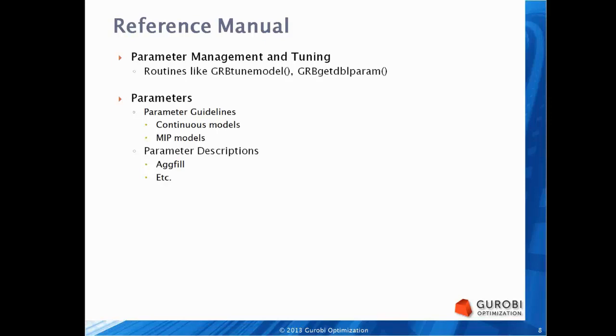It lists all the parameters, and the first one is AggFill. If you click it, you will see it has a default value, min value, max value, and a description. This is for aggregation, and if you do aggregation, you may increase the number of non-zeros in the matrix, and this parameter is to control that, to limit it.